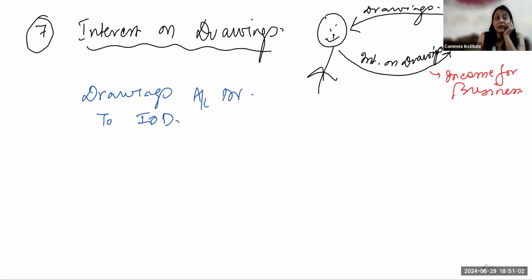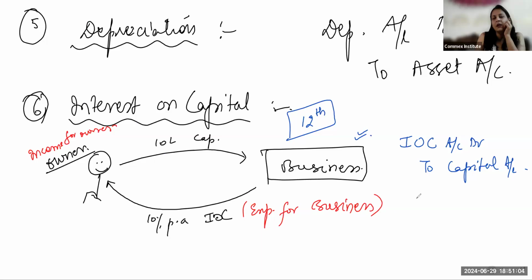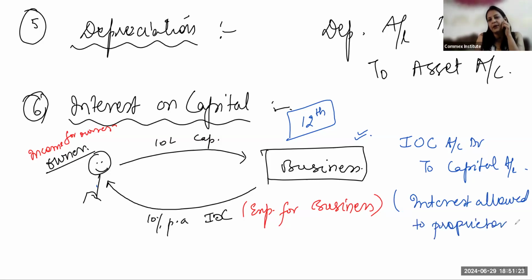Okay, and what will be the narration is also important over here. Interest allowed to proprietor on his capital. Narration is important. Please write narration. Don't be lazy.